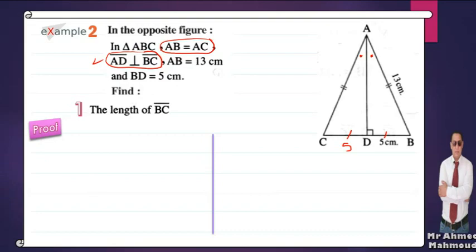Since AB equals AC, and AD is perpendicular to BC.